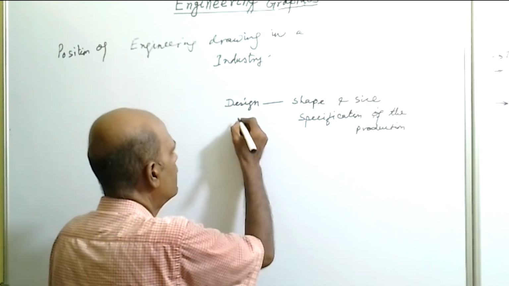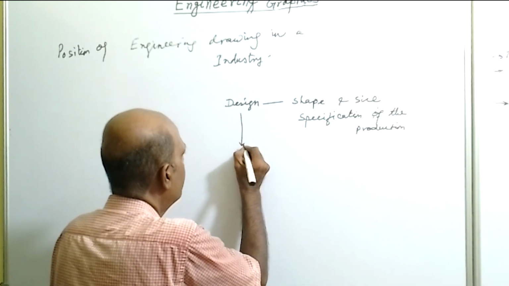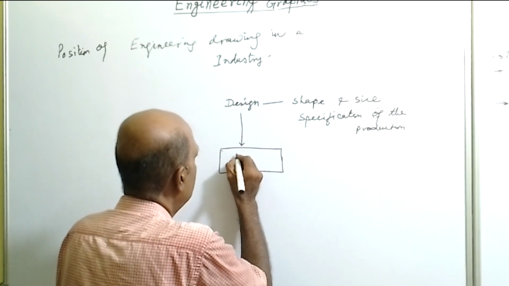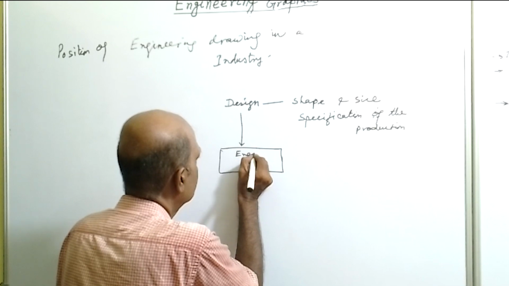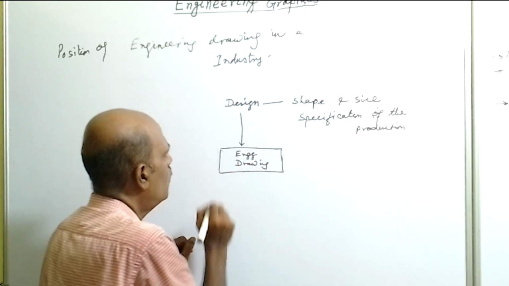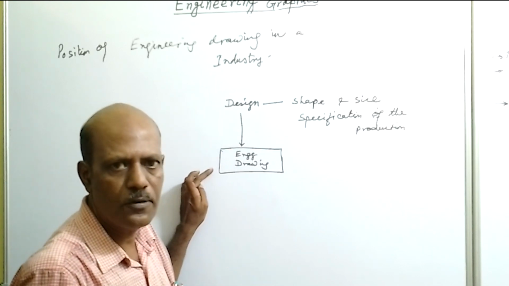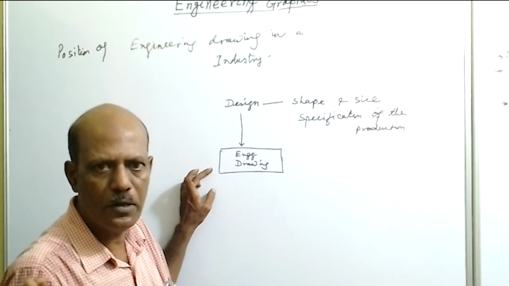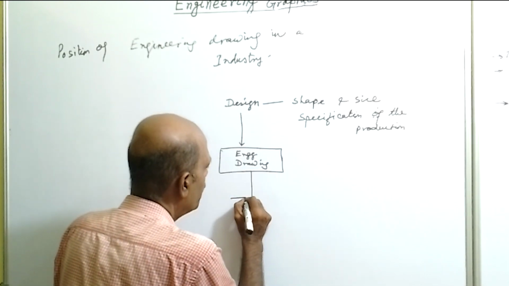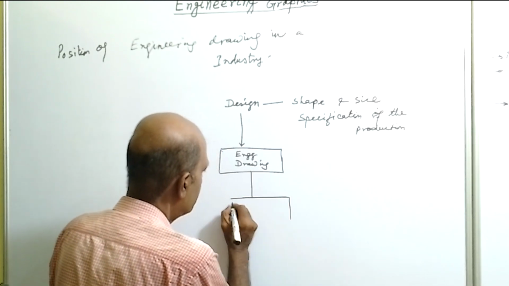That specification is translated by the drawing department, that is engineering drawing. After design, the drawing of the component will be made, and that drawing will go to the shop floor of the industry.